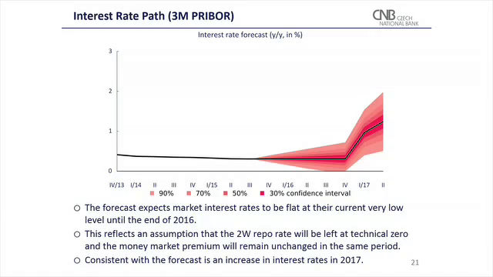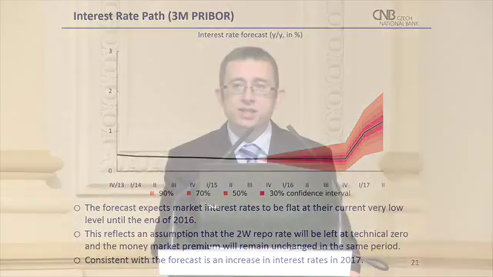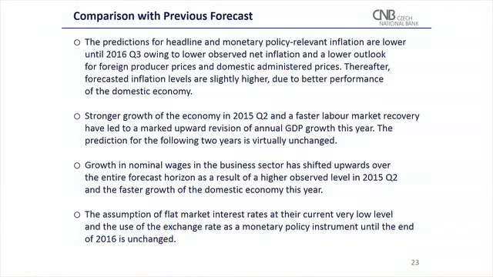Finally, a brief comparison with the previous forecast. As regards inflation, we lowered the projection for the next few quarters, while for 2017 there is a slight upward revision. The strong economic activity this year has led to higher GDP forecast for 2015, but for the coming 2 years the forecast is virtually unchanged.